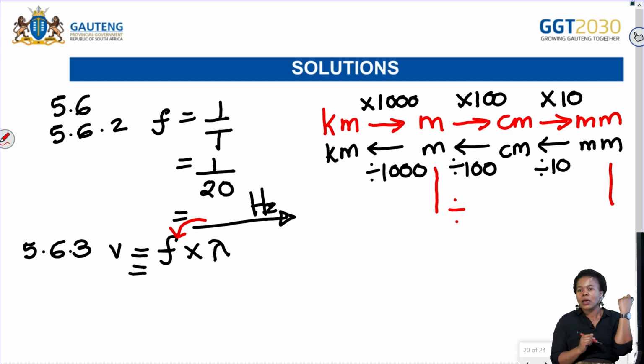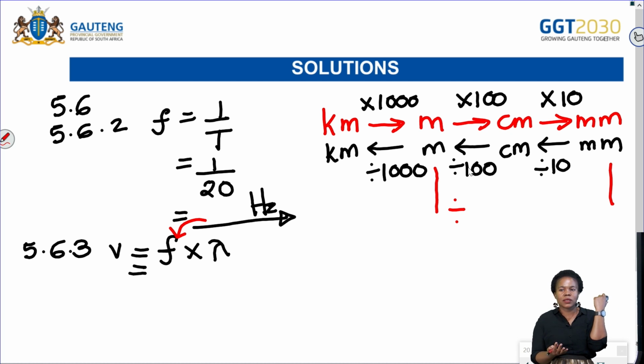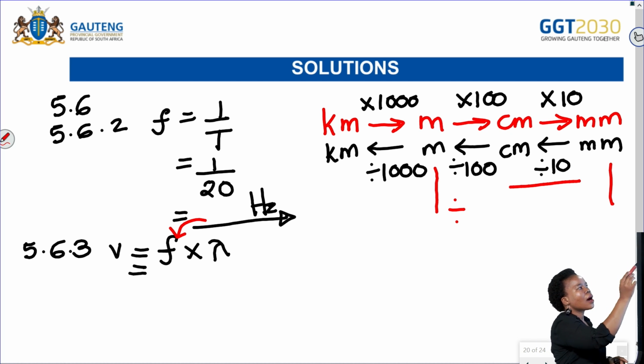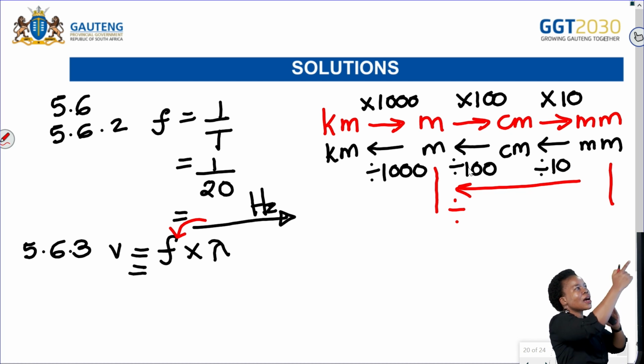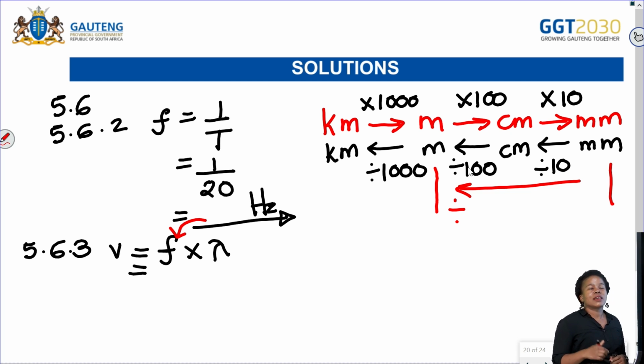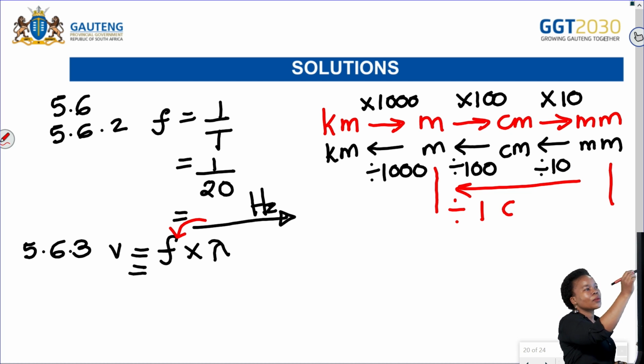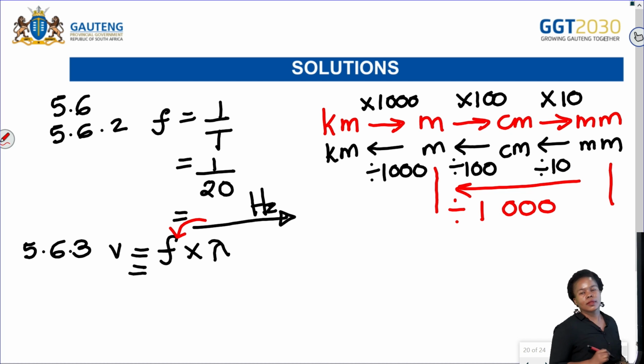But by what factor? You look at how many zeros you have skipped. Moving from millimeters to meters, I've skipped 3 zeros. That means I need to divide by 1,000. That is how simple it is.